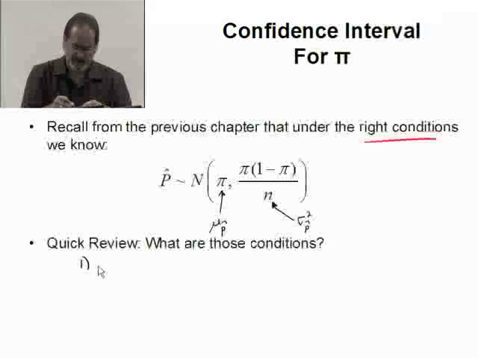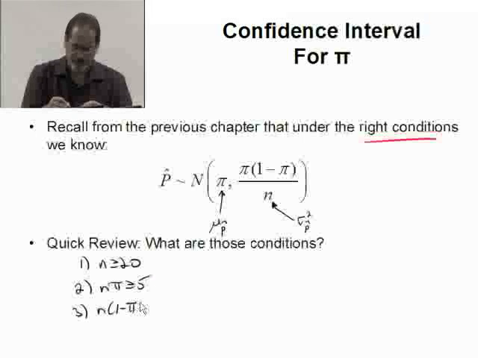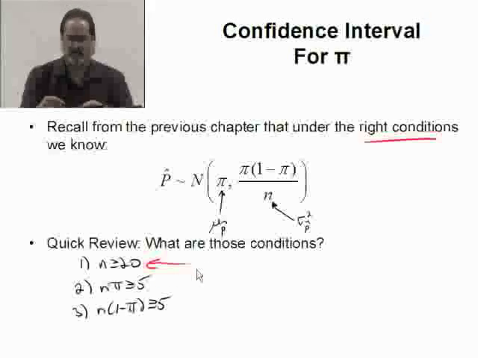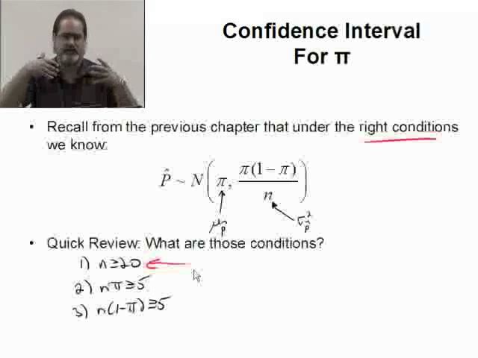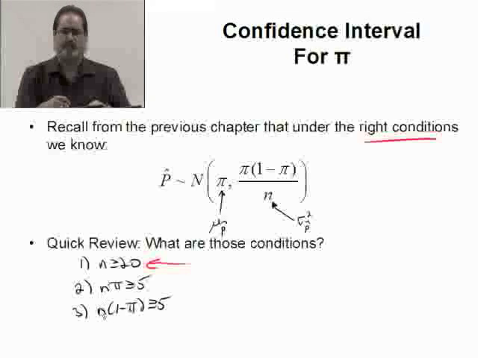The first one we said is that n is at least 20, which is really not that big of a deal, but the next two really are a big deal. n times pi is going to be at least 5, and n times 1 minus pi also should be at least 5. Now, I'm saying that this is not a real big deal. If n's not quite 20, who really cares as long as these other two are satisfied?